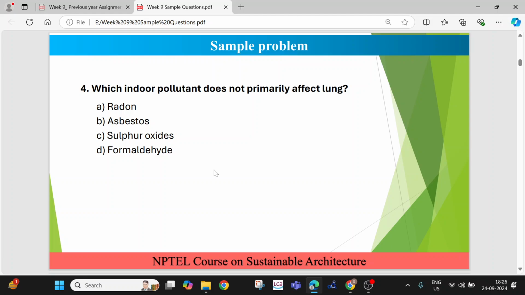Three of them affect the lungs or cause lung cancer, but one option is not primarily the cause of lung cancer. Try to choose the correct answer: radon, asbestos, formaldehyde, or sulfur dioxide.